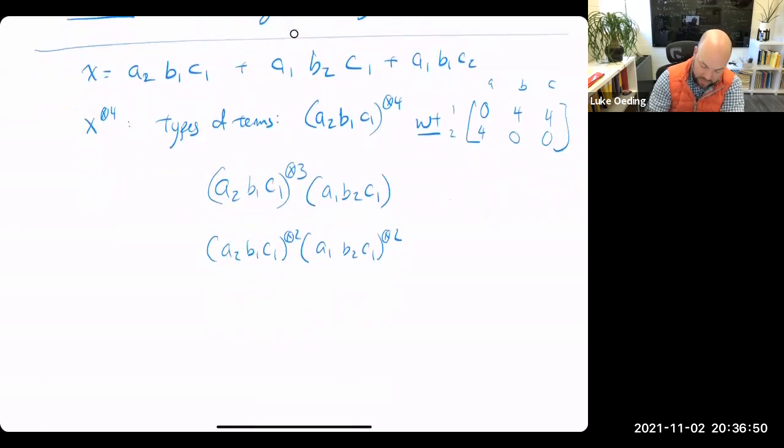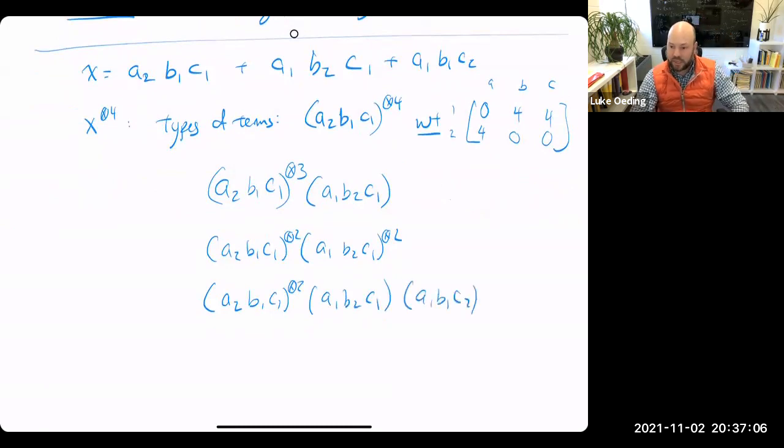And then I could do 2 of one of them, and okay, so those are the 4 types of terms that can show up in this tensor product of these things. And everything else is the same after relabeling.